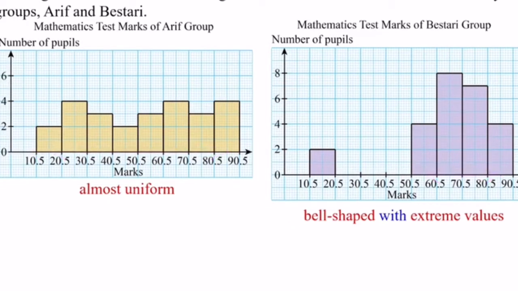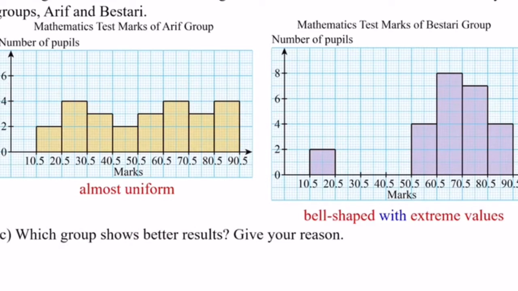All right, so I have taught you how to compare two sets of data to observe which one has bigger dispersion. I also taught you how to describe the dispersion and the shape: is it almost uniform, or maybe bell shape?